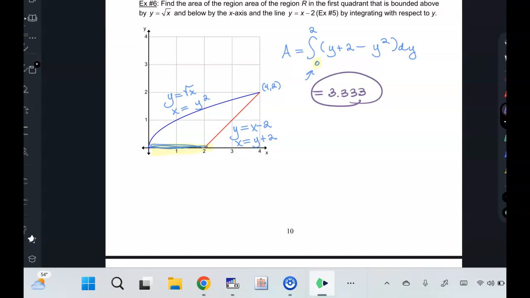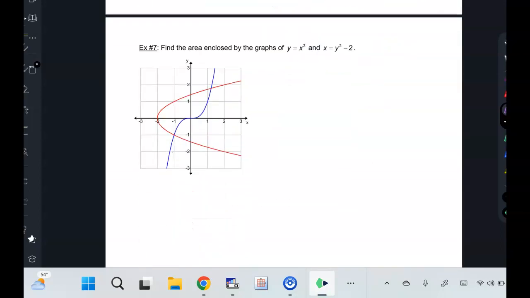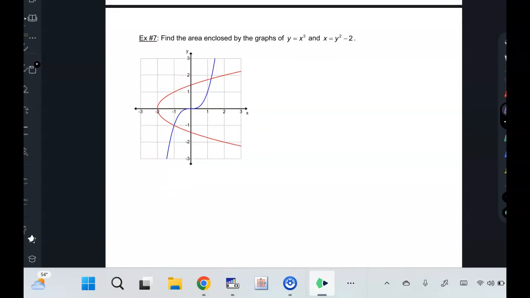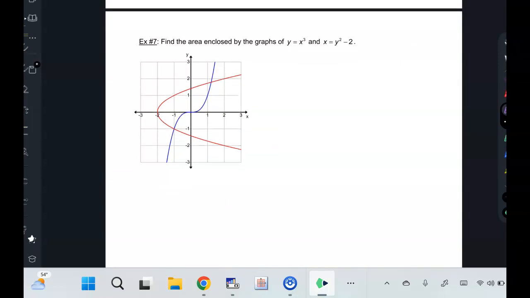So it's y equals x cubed, right? Which one is y equals x cubed? It's the one on the right. And this one on the left is x equals y squared minus 2.